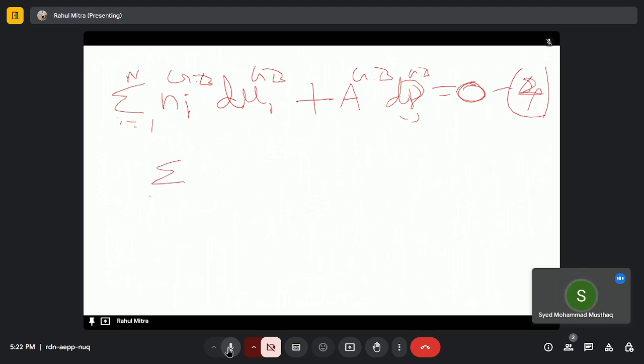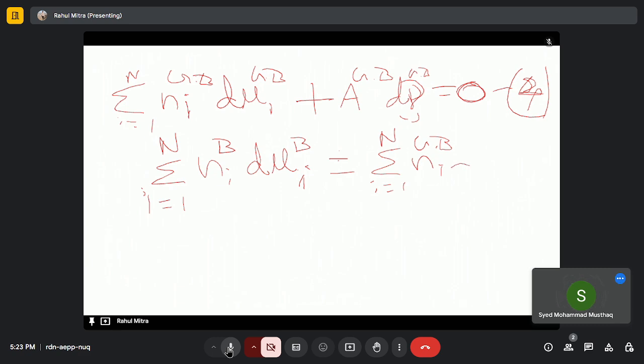Then that will turn out to be the sum over i from 1 to m of n_i GB d mu_i GB plus A GB d gamma, this one.